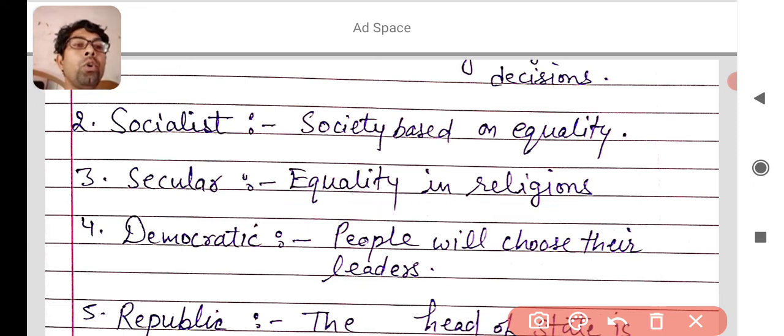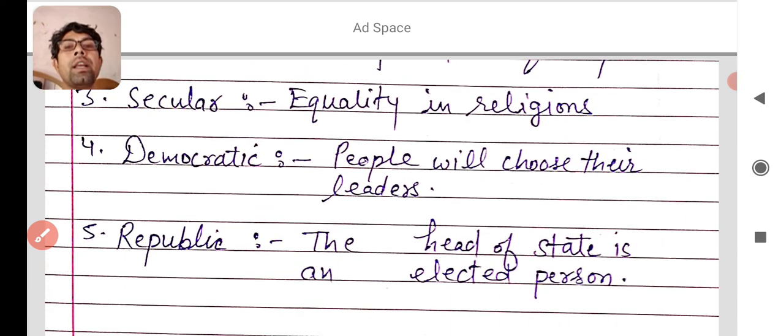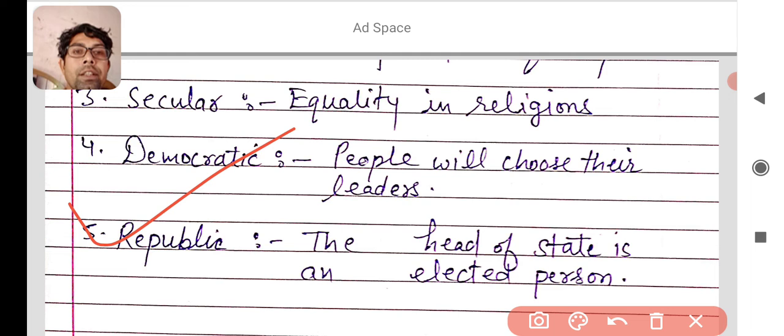And next, according to the constitution, India will be a democratic country. Democratic, you know very well from the first lesson: people will choose their leader, there will be free and fair and regular elections. And finally, India will be a republic country. Republic here means the head of state is an elected person.